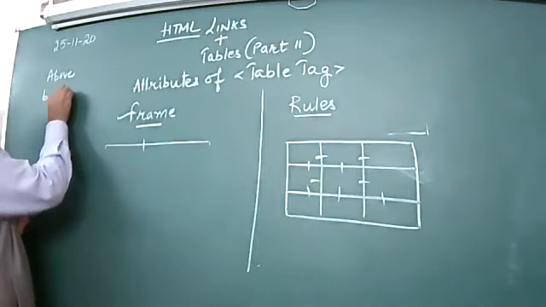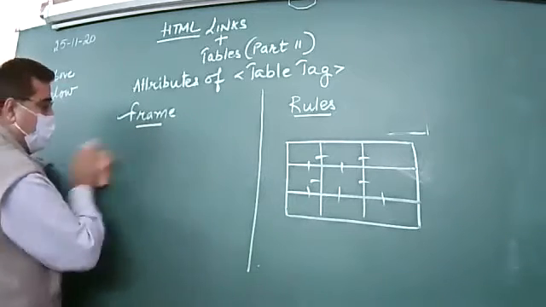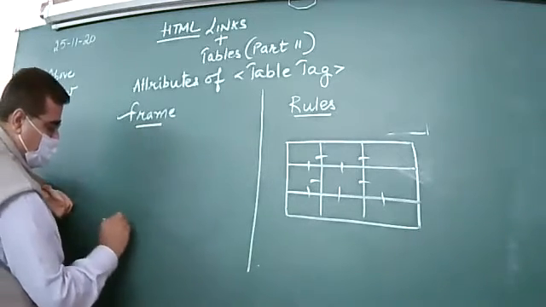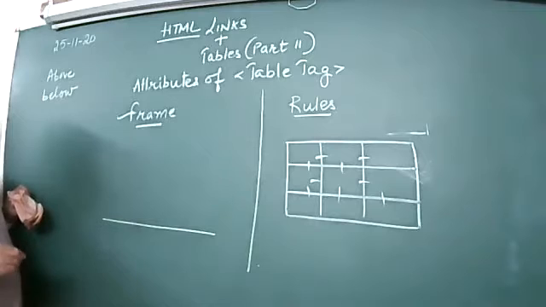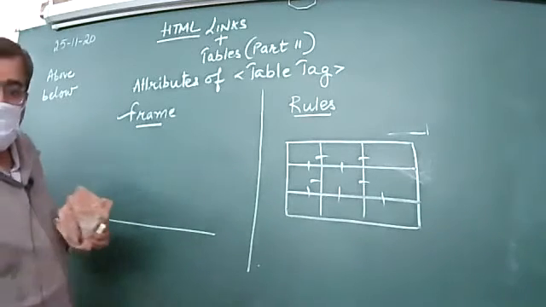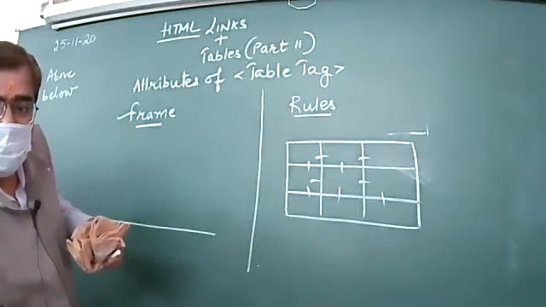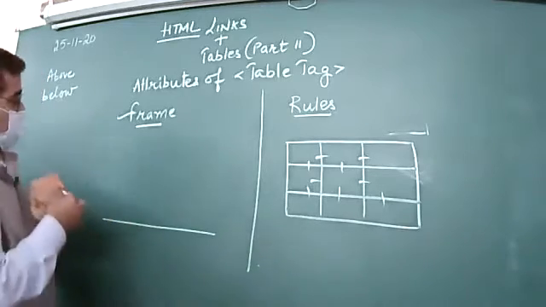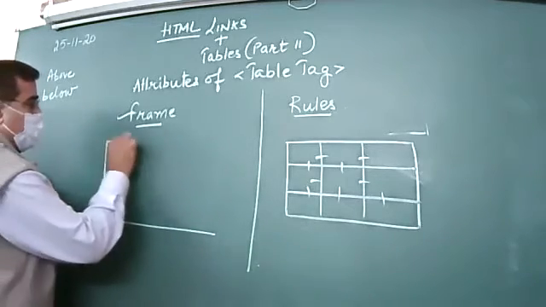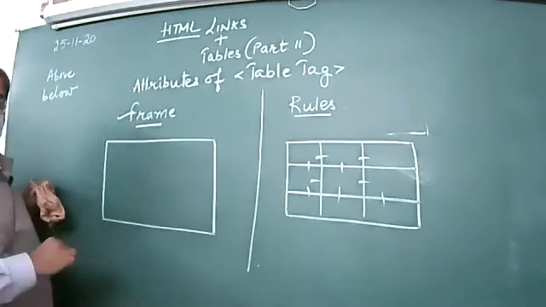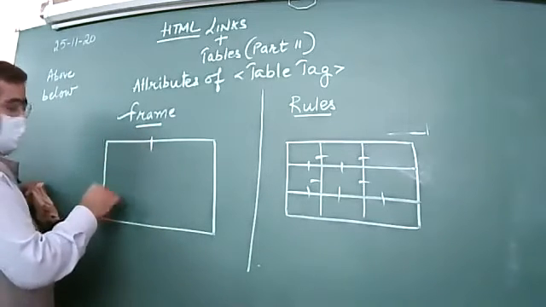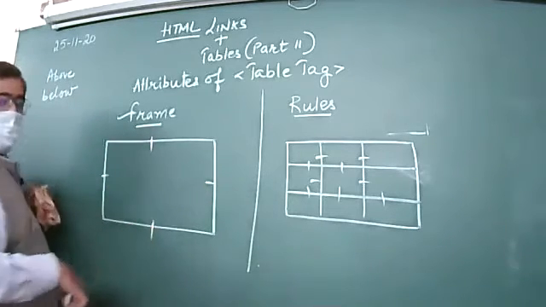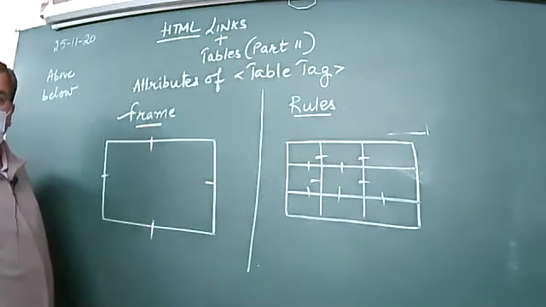Below, border only at the bottom side, the below side. Then box. Box means complete border on all the sides. Top, left, right, and bottom. Clear?